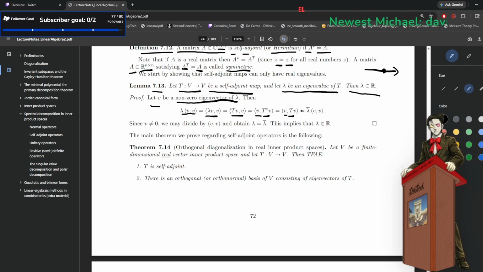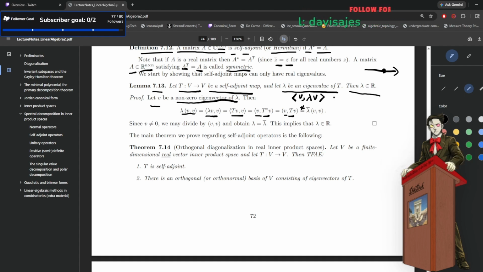Now, this next step, you could go a bit more into detail, where you have this inner product of V with lambda V. To pull lambda out, because we are working over a complex space, this eigenvalue can actually be complex.